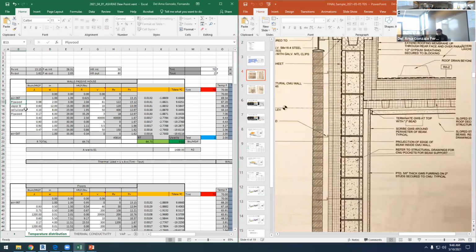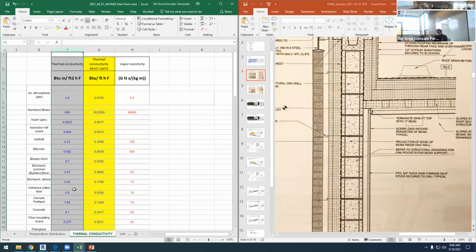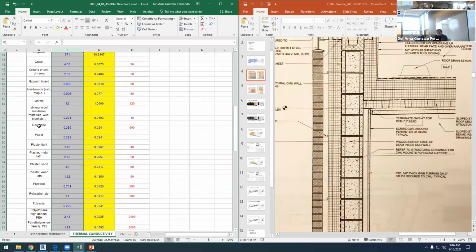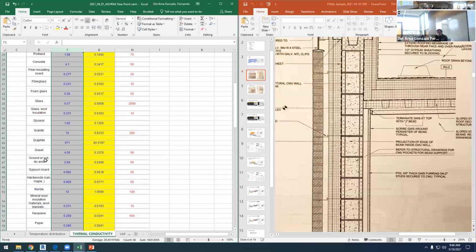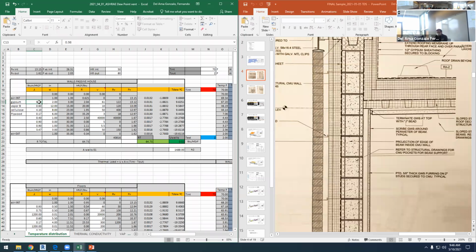So interior, we will have gypsum. The thermal conductivity of gypsum board is 0.98. Okay, so here it's 0.98.